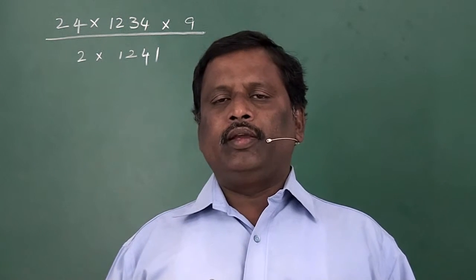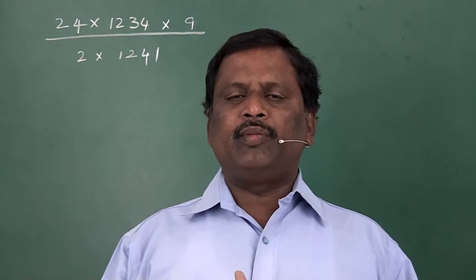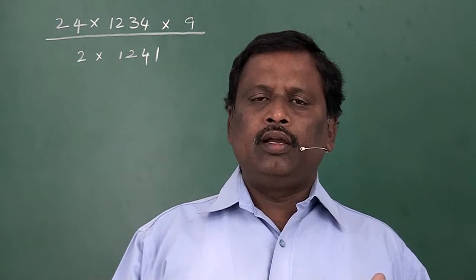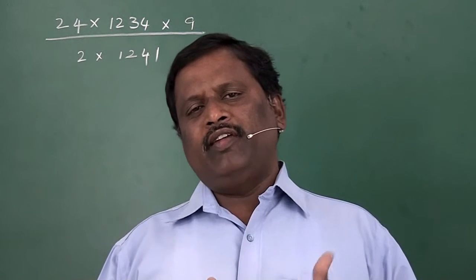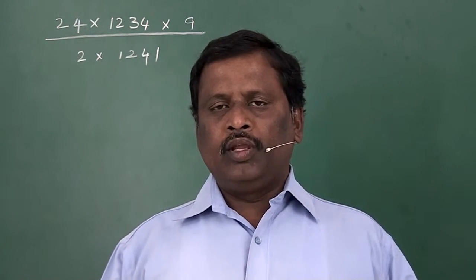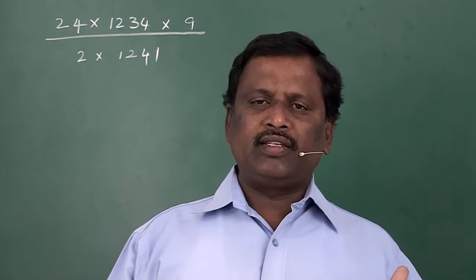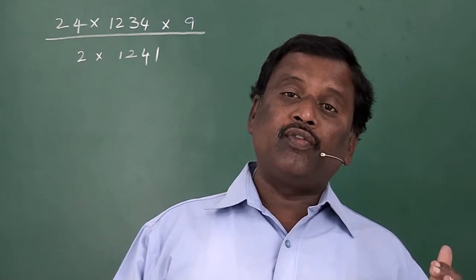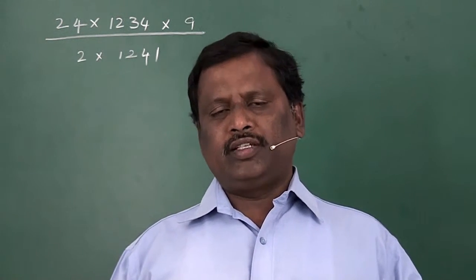So by that way, when multiplication is there, simply by adding the logarithmic terms, you will get the log value of the product. Similarly, when there is a division, by subtracting the logarithmic values, you will get the logarithmic value of its answer. So that is the principle involved in it.